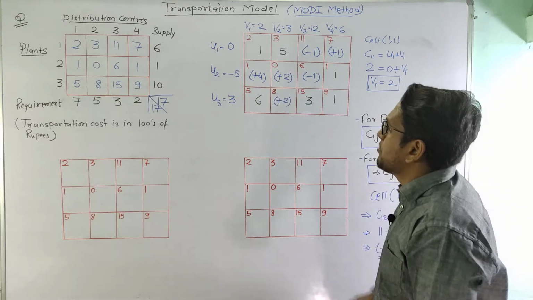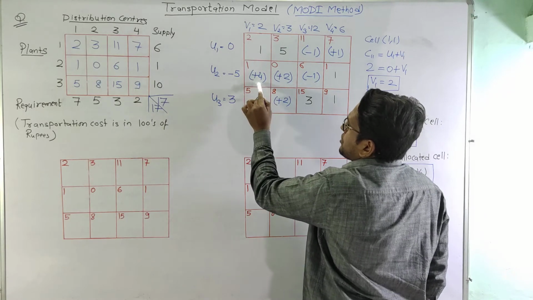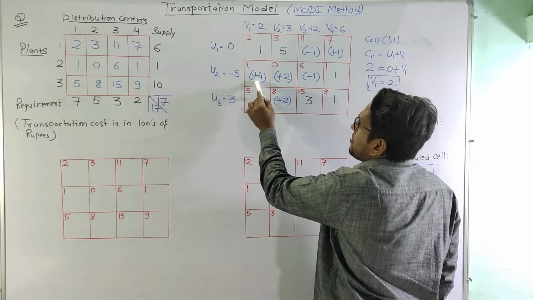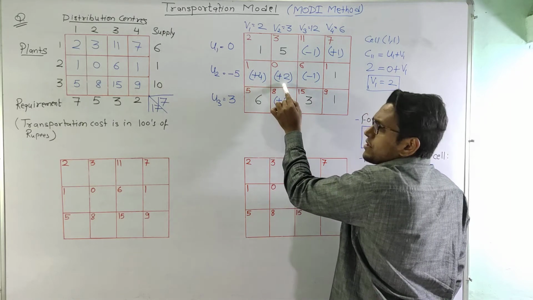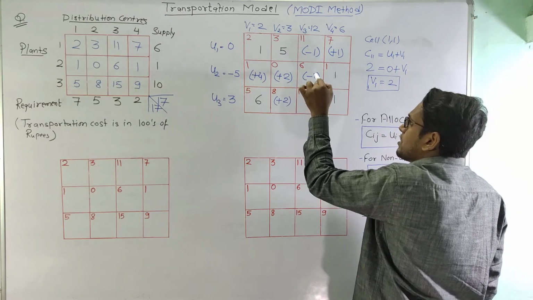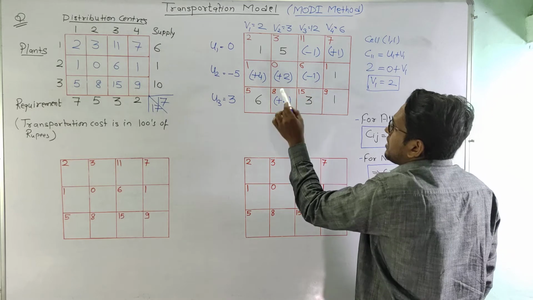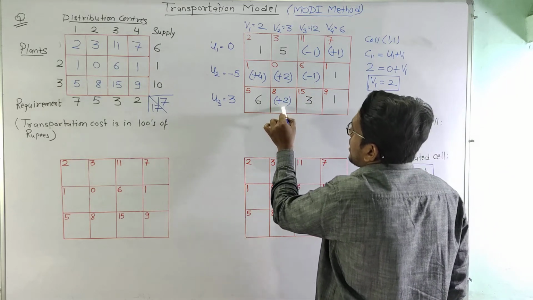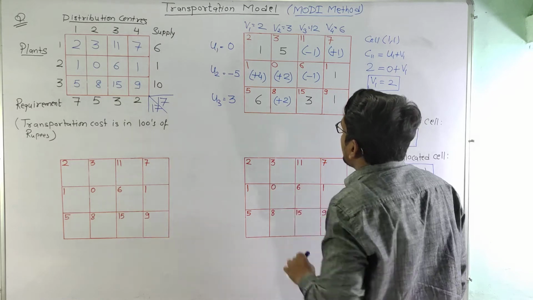Similarly, here if I allocate 1 unit, the total transportation cost will increase by 4. Here, it will increase by 2. If I put 1 unit here, the overall transportation cost will decrease by 1. And if I put an allocation here, the overall transportation cost will increase by 12.